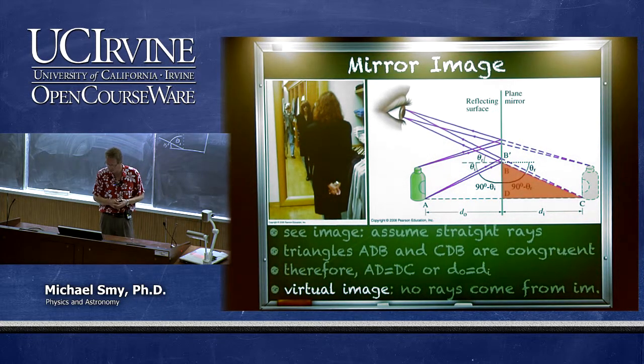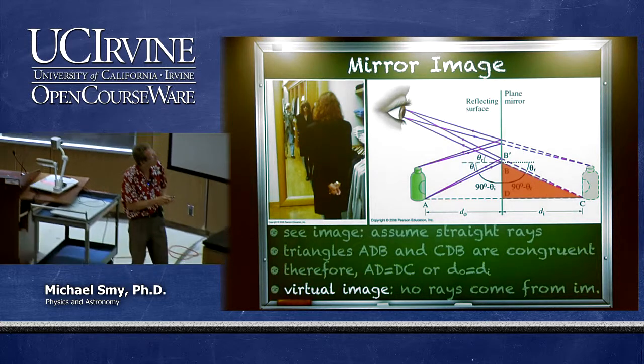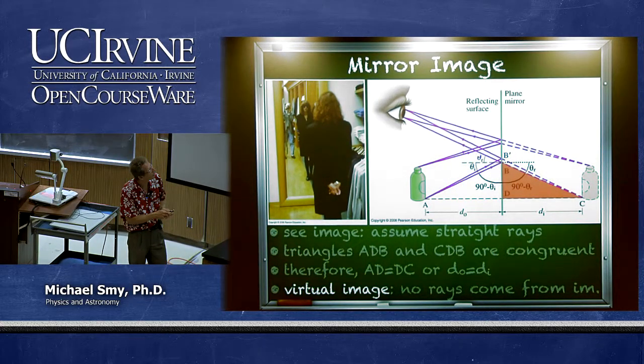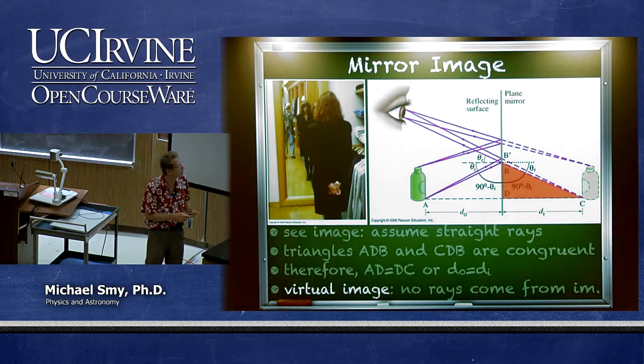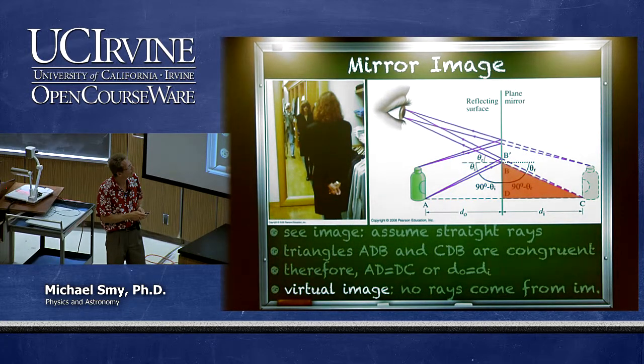The reason why it's congruent is because these 2 angles, incident and reflected angle, must be equal. And the reflected angle repeats itself here behind the mirror. Therefore, this angle is 90 degrees minus the incident angle, and this angle is 90 degrees minus the reflected angle. And so we have an angle that is equal in the triangles.